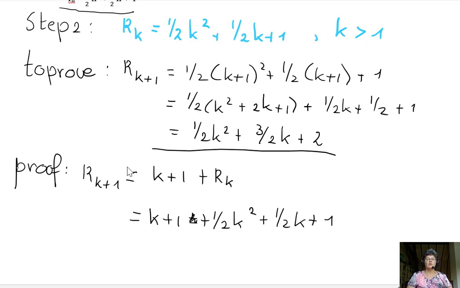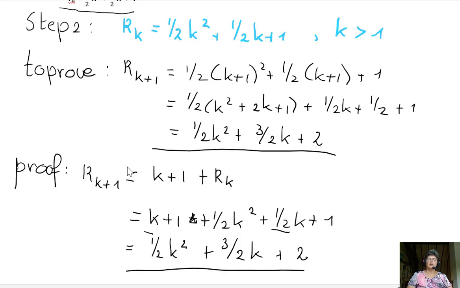I use the assumption. Okay, then try to make it in a similar shape as the one we tried to prove. So let's put the k squared up front, so that would be a half times k squared. Then I have a k and a half k, so that will give us 3 divided by 2 k. And we have 1 and 1 plus 2.